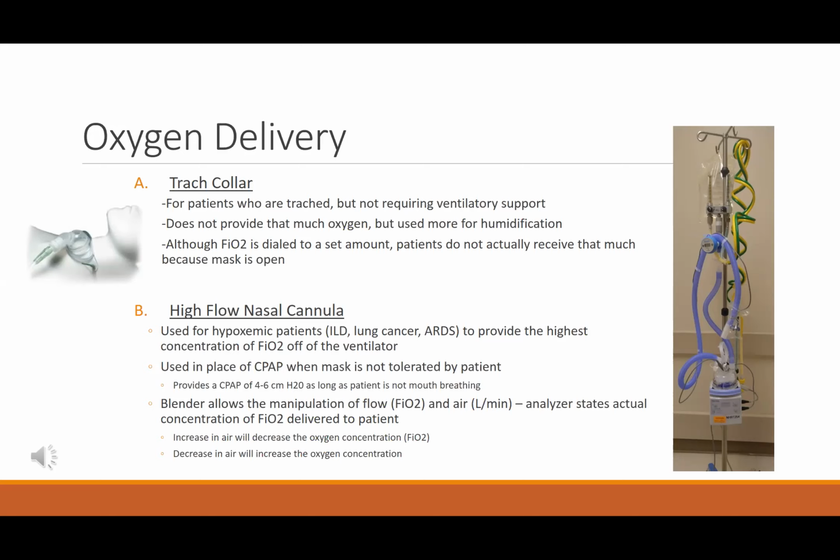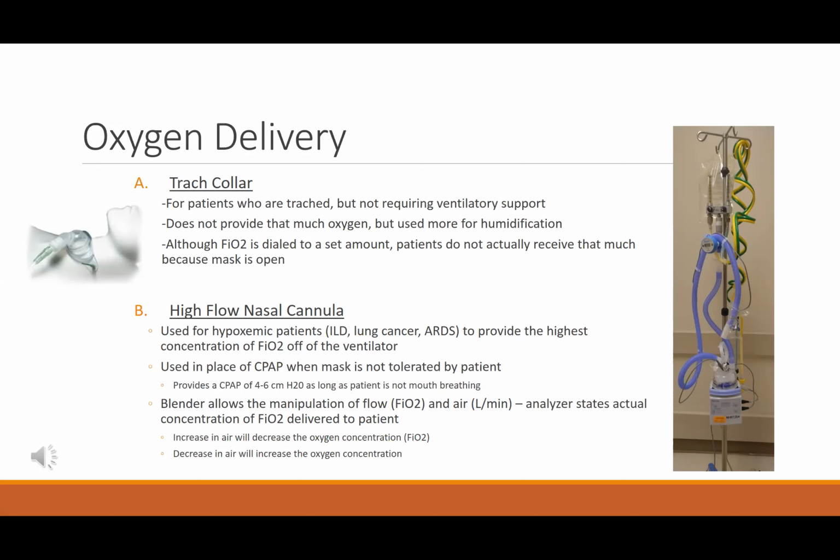This is a very good way to deliver oxygen to patients who are really hypoxemic, such as patients who have a chronic hypoxic disease like interstitial lung disease, or a worsening of cancer or pulmonary fibrosis. High flow nasal cannula is one of the highest concentrations of FiO2, of oxygen, that we can provide to somebody who is not on a ventilator.